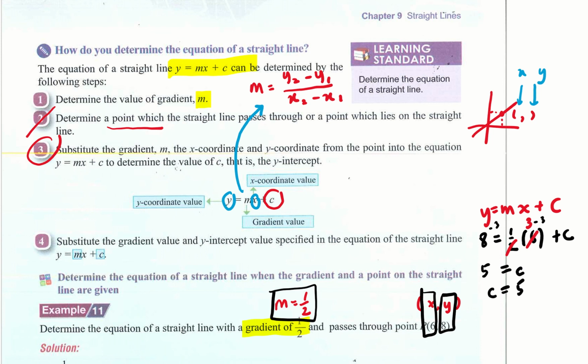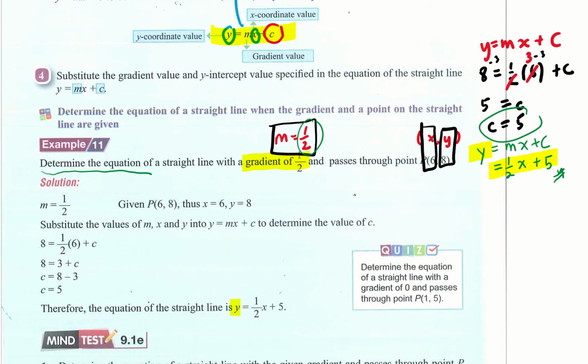Since y equals mx plus c, and m is 1 over 2, we get 1 over 2 x plus c, and c is 5, so I substitute 5. Finally, the question asks us to determine the equation, so our equation here is y equals 1 over 2 x plus 5.